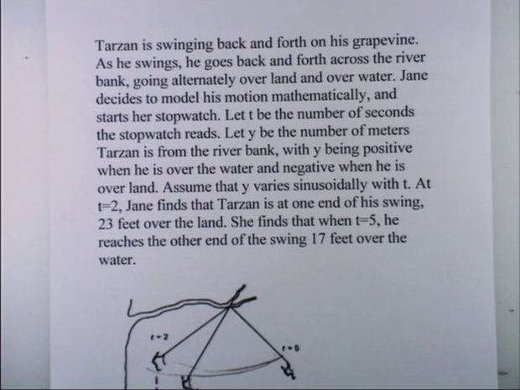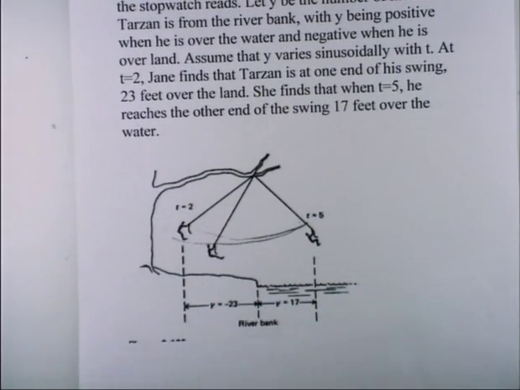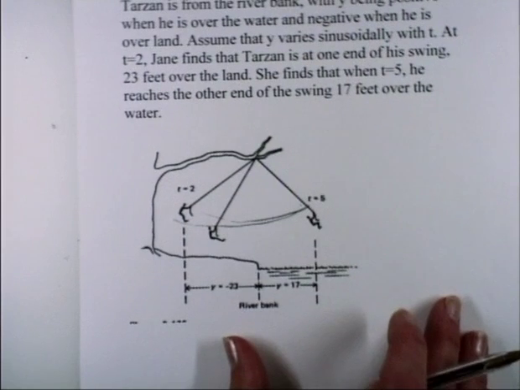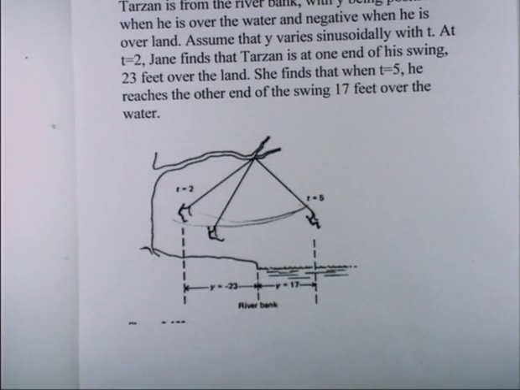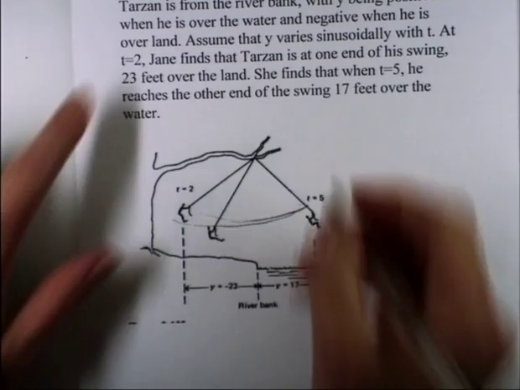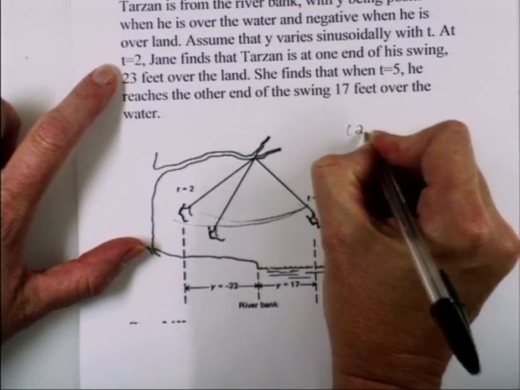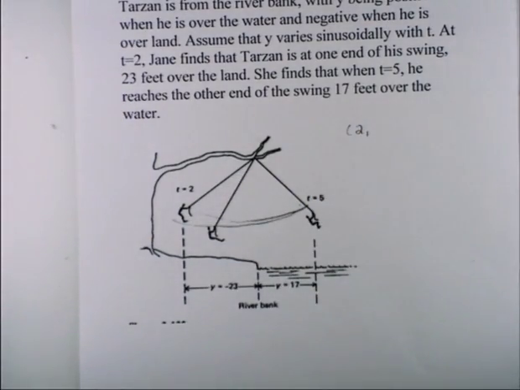At T equals 2, Jane finds that Tarzan is at one end of his swing, 23 feet over land. She finds that when T is 5, he reaches the other end of the swing, 17 feet over water. All right, so here's a diagram of what Tarzan is doing. From what we just read, let's get 2 points that we know are occurring. At T equals 2, Tarzan is 23 feet over land.